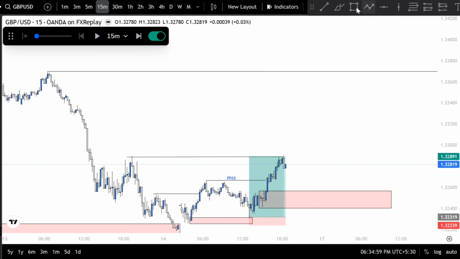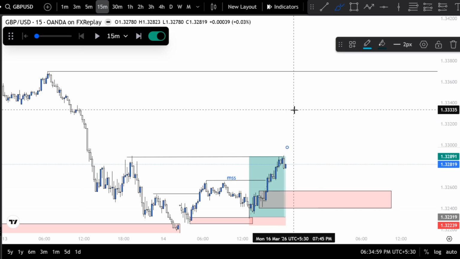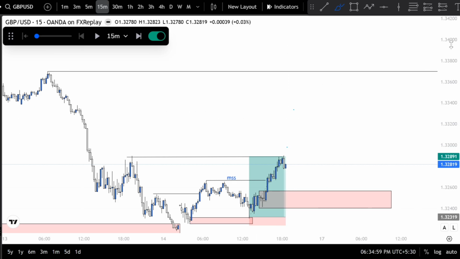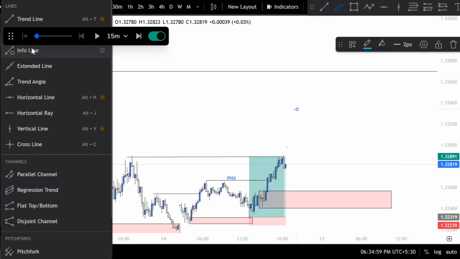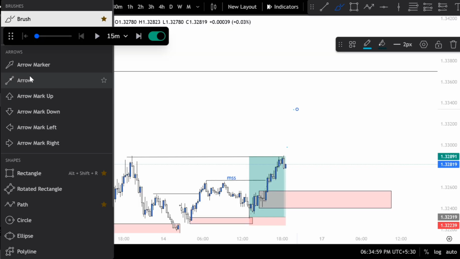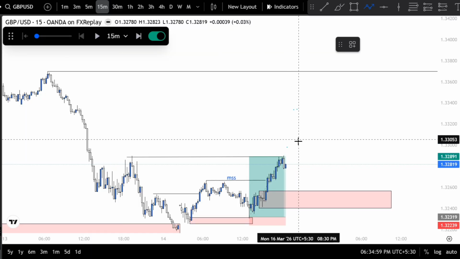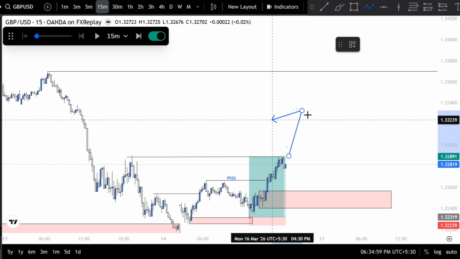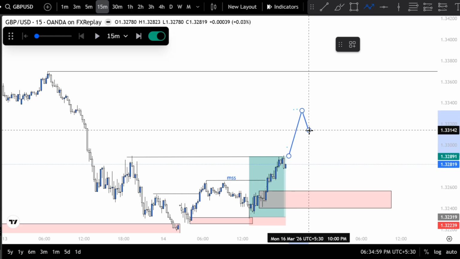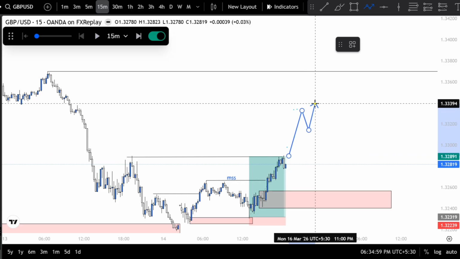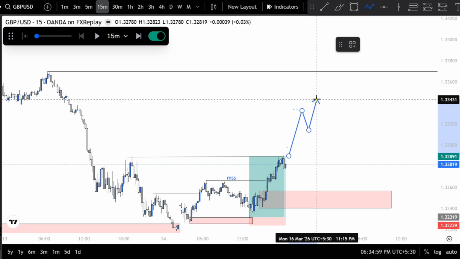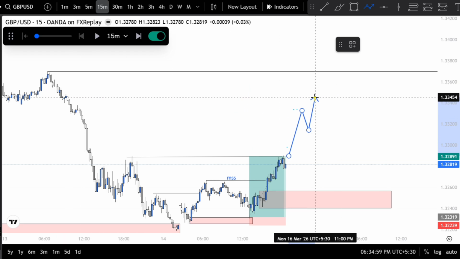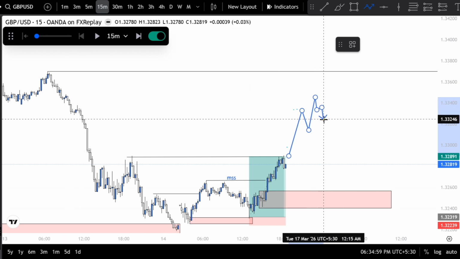So let's just say price went up, respected this high, fell off, swept this high, respected this high again, and created a BOS to the downside.